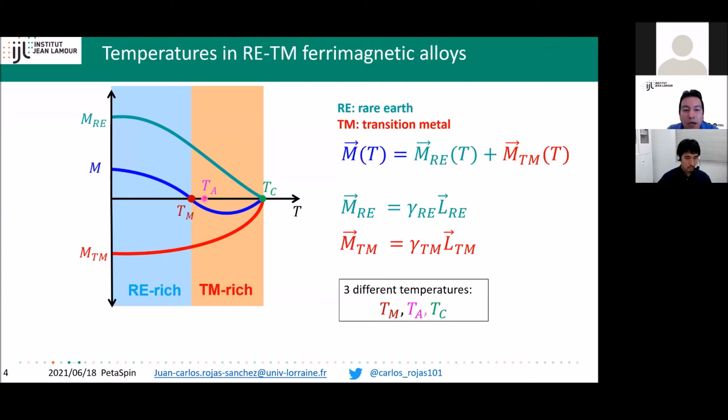Slightly higher, we have the angular compensation temperature, because the relationship between magnetization and angular momentum is given by the gyromagnetic ratio, which is different for the rare earth and transition metal. And if we increase the temperature even more, we reach the Curie temperature. Above that, the system is no longer a ferrimagnet. So this is something very well known for 40, 50 years, these three characteristic temperatures.